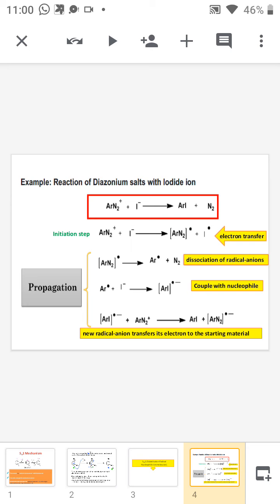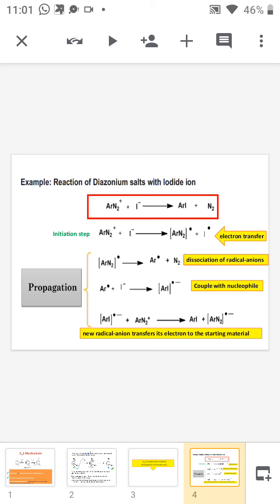The second step is the propagation step, in which the radical dissociates to form another radical and a neutral compound. Here the diazonium radical has a tendency to liberate nitrogen because nitrogen is a stable molecule. So that's why the Ar radical is formed and nitrogen is liberated.